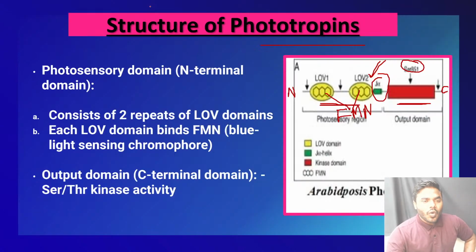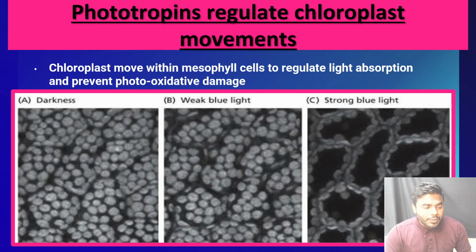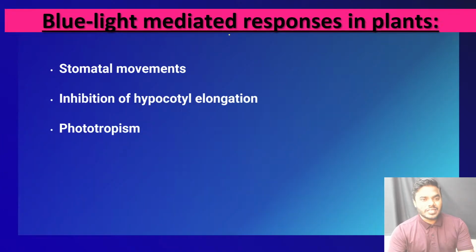Now, what are the functions of the phototropins? We know the functions of cryptochrome and of phytochrome. Now we have to understand the functions of phototropins. There are multiple functions. First, let me explain: phototropins are helpful in chloroplast movement. This is one point.